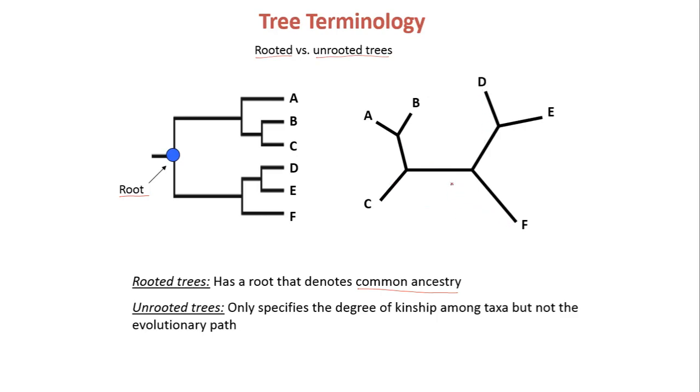Okay, so your unrooted tree would only specify the degree of kinship among the taxa, but it would not give you an idea about the path in which these operational taxonomic units might have evolved. Okay, so in this way, based on whether there is a root in your tree, you can have two different types of trees, what we call rooted trees and unrooted trees.